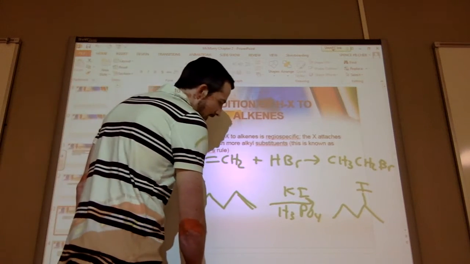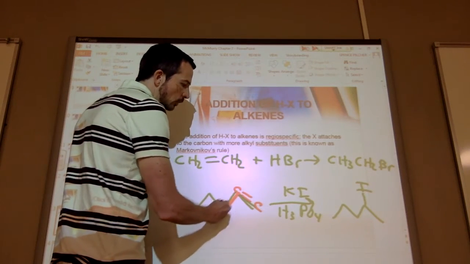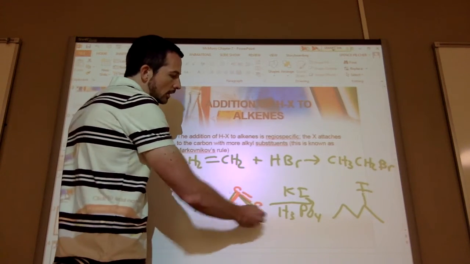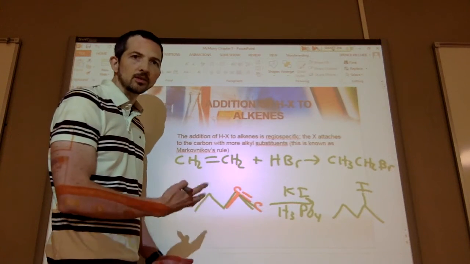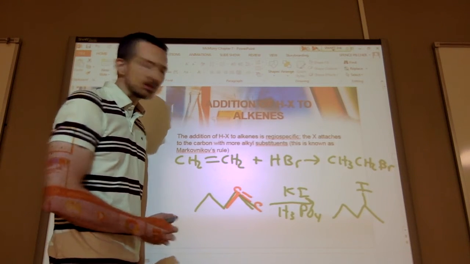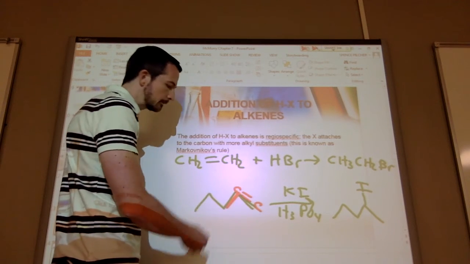So if I'm looking at this C double bond C, it has one carbon here, no other carbons attached to the other side, so this one's more substituted. It has more carbons attached to it. Like this carbon has, say, two carbons attached to it, this just one.